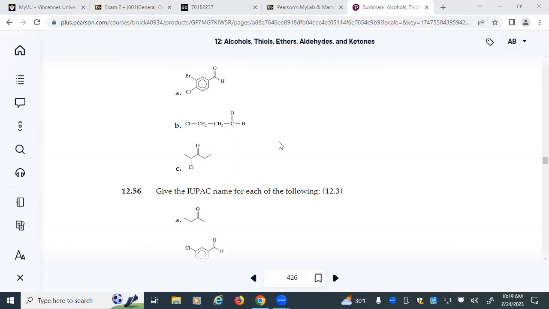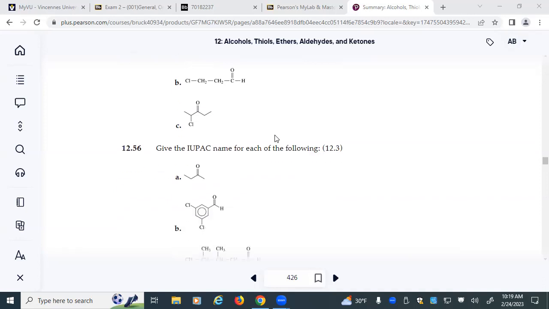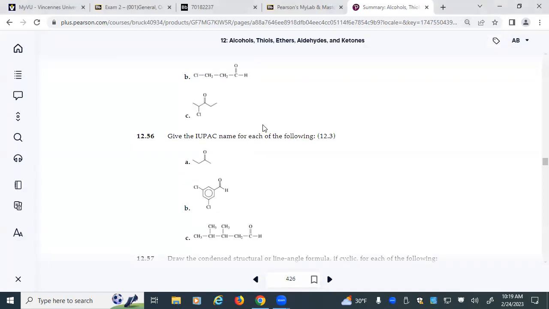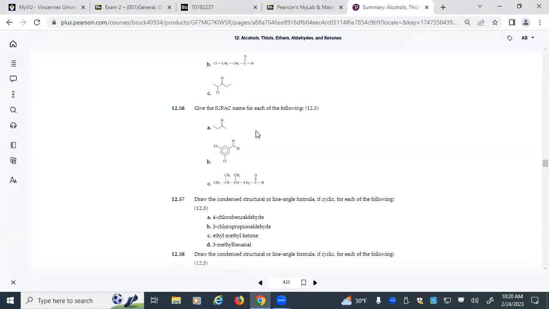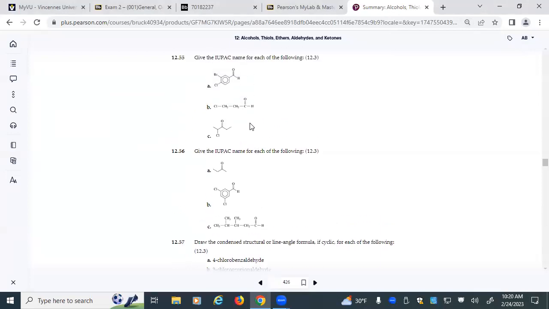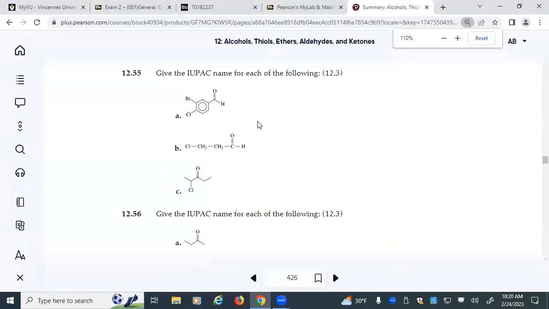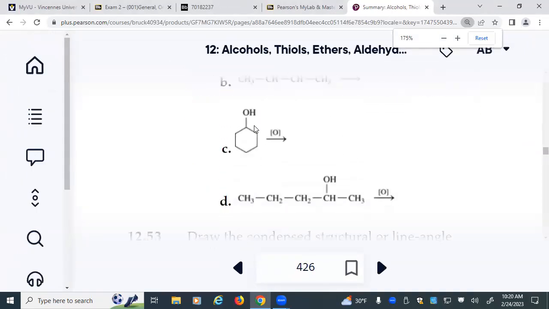Okay. So what we're looking at is, let me see if I can zoom that back a little bit. I don't know if I can with this ebook. Okay, maybe.